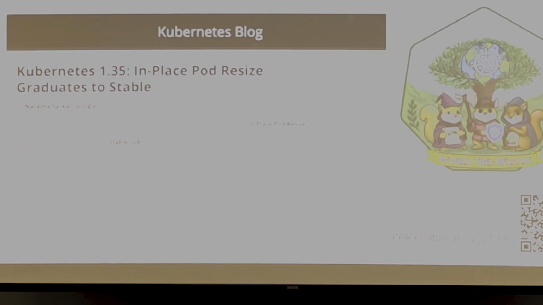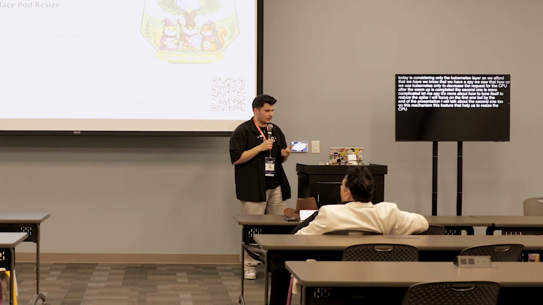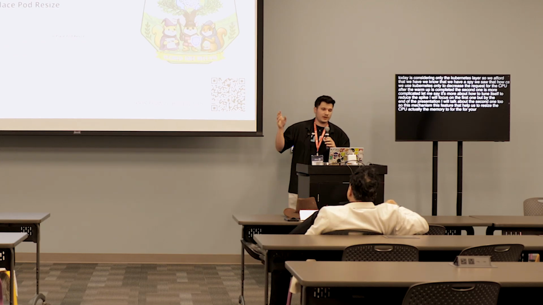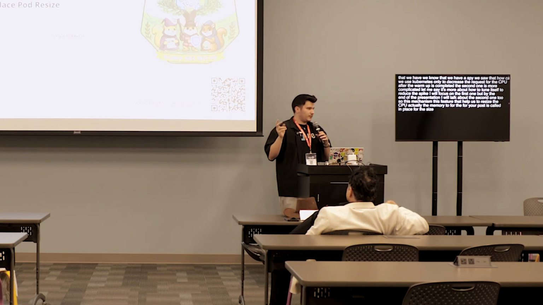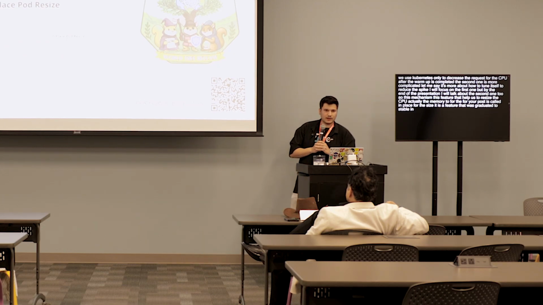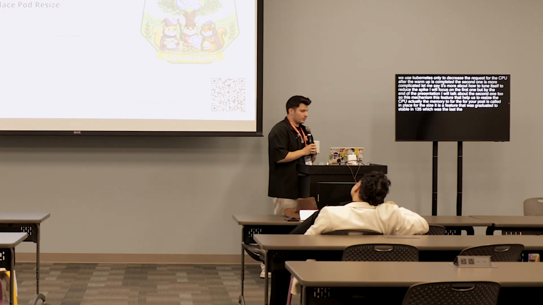This feature that helps us resize the CPU, and actually the memory too, for your pod is called In-Place Pod Resize. It is a feature that was graduated to stable in 1.35, which was the last Kubernetes version.